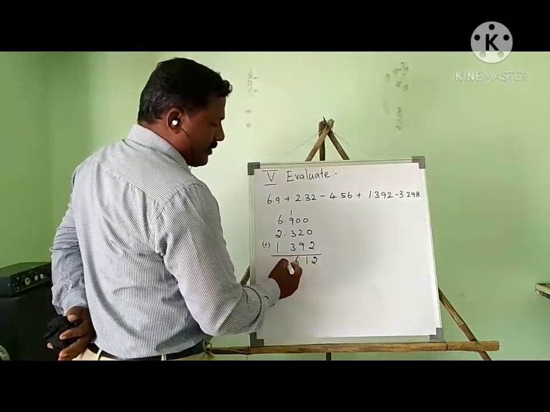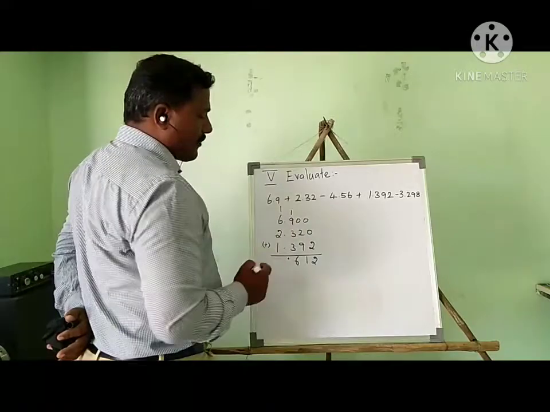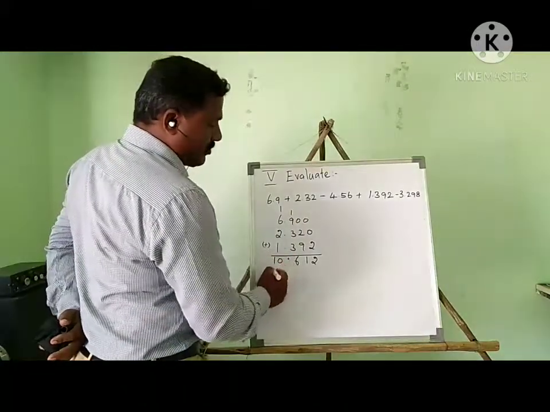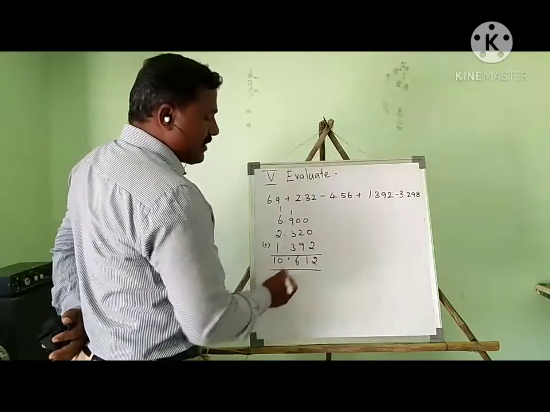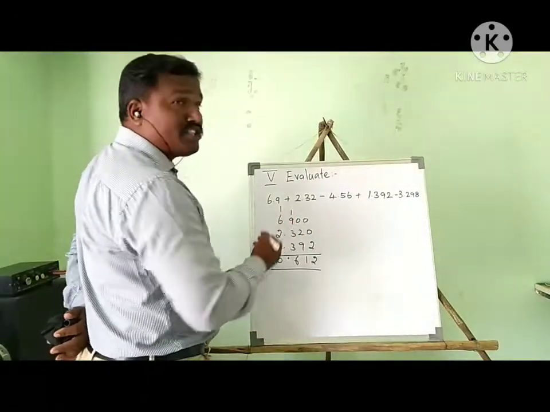So 6 after the decimal point, remainder 1. Then 6 plus 1, 7; 7 plus 3, 10. So 10.612 is the answer for the positive values.